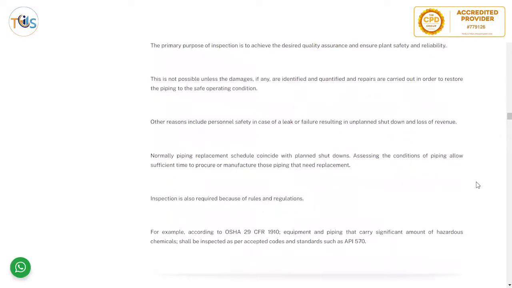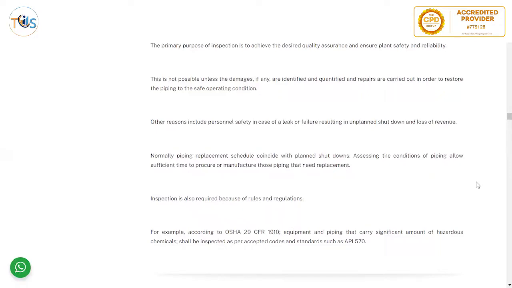Chapter 6, reasons for inspection. The primary purpose of inspection is to achieve the desired quality assurance and ensure plant safety and reliability. This is not possible unless the damages, if any, are identified and quantified and repairs are carried out in order to restore the piping to the safe operating condition.